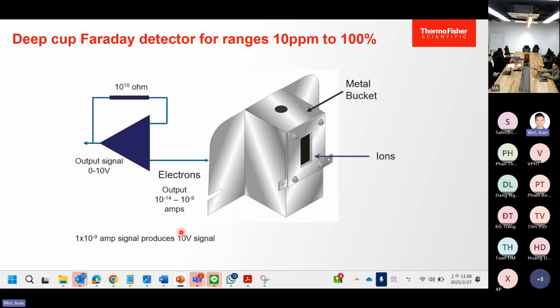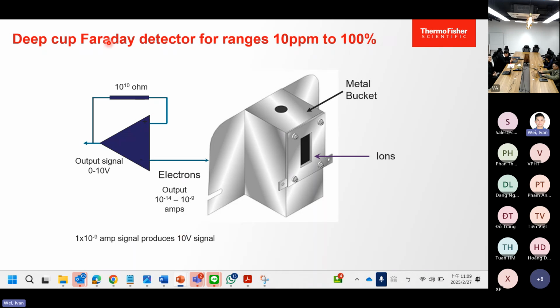So here are the detectors. Depending on the situation and the application, Sentinels have different detectors compared to the Prima Pros, and later I will give much more explanation of the detectors.